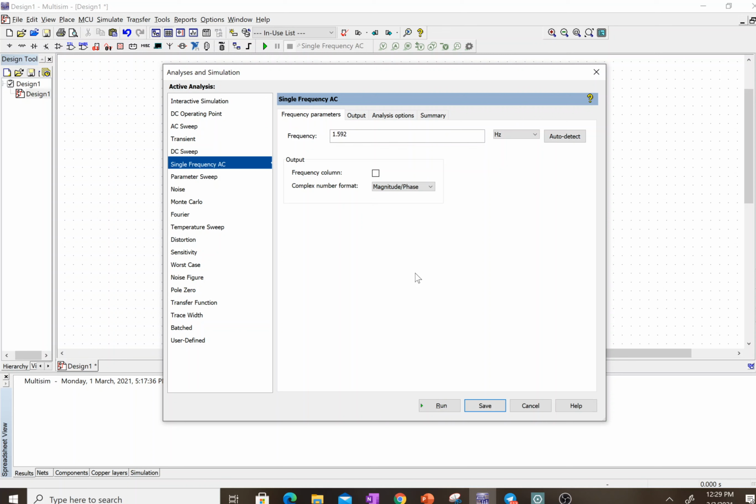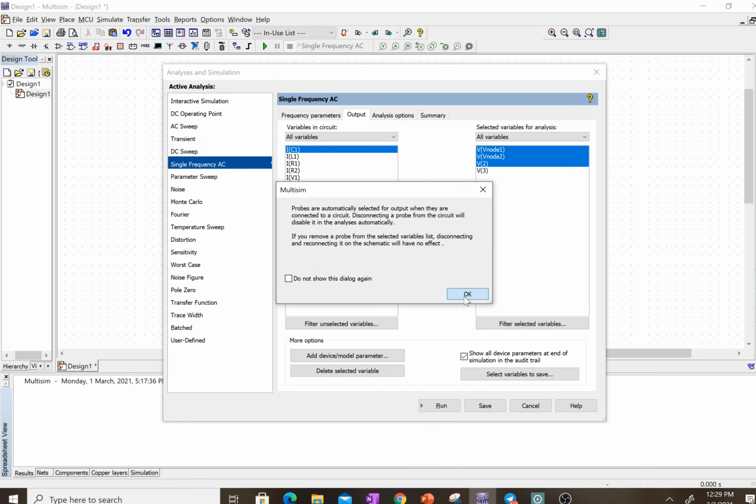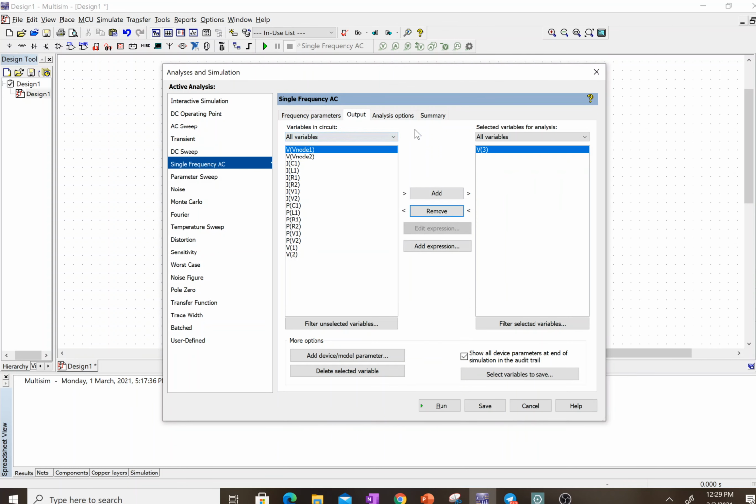Next, you have to set the output that we want to measure. These are the variables available for you to measure.